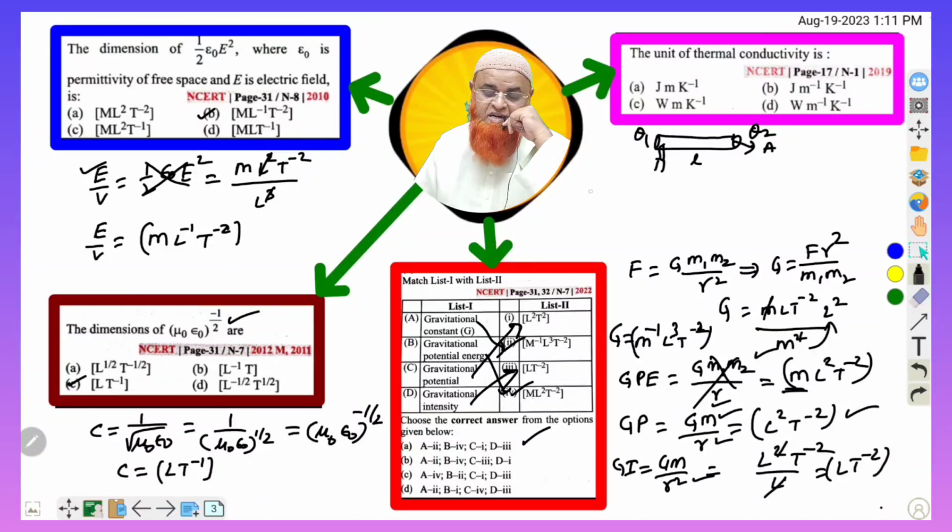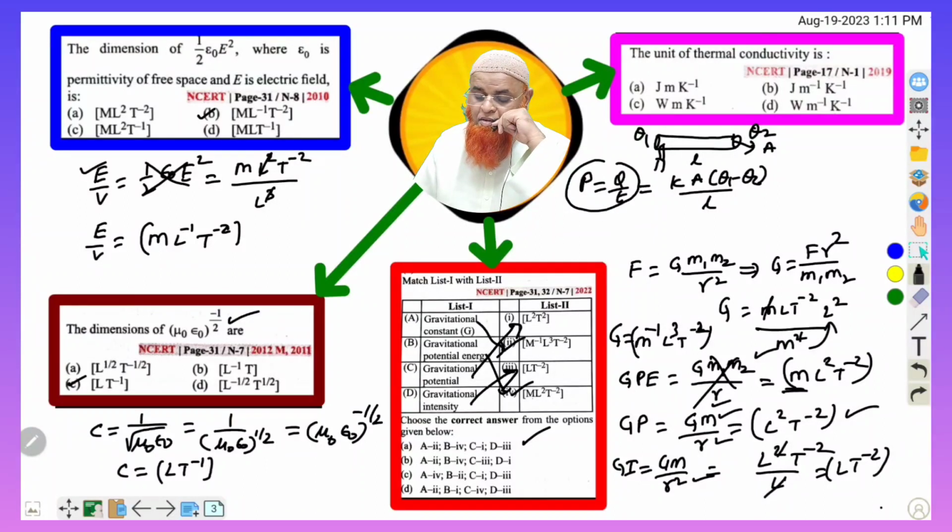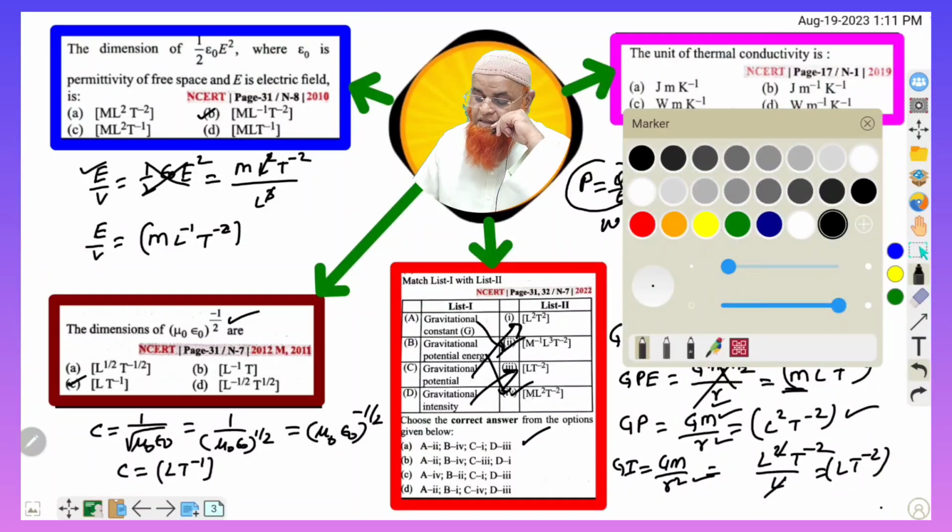You all know for conduction, power, which is the rate of flow of heat energy, is equal to K A (theta 1 minus theta 2) by L. Power or energy by time is measured in watts, and area is measured in meter square, and theta 1 minus theta 2 is measured in K.